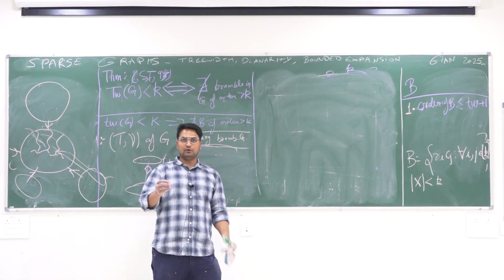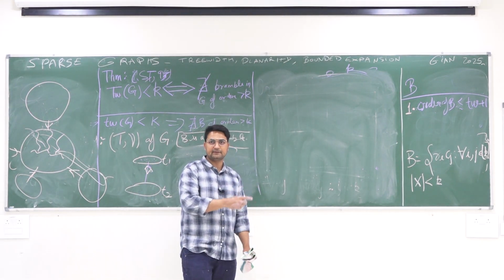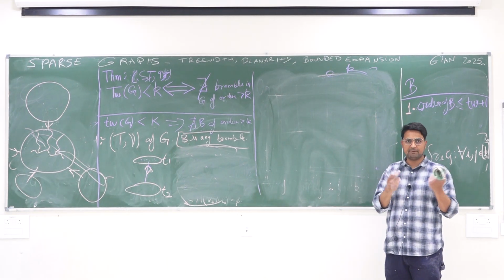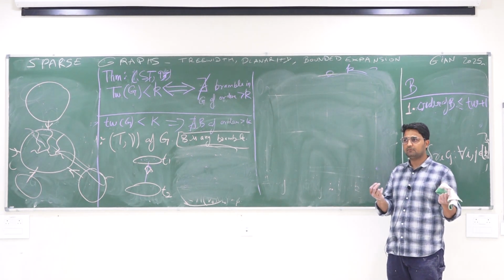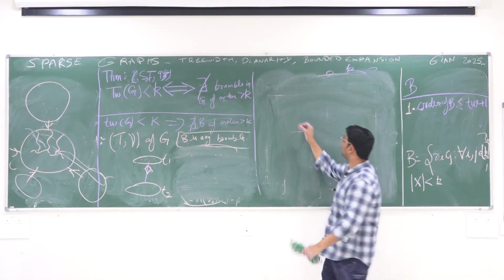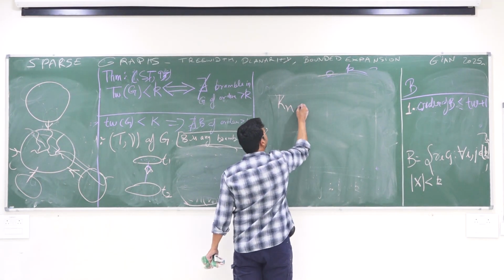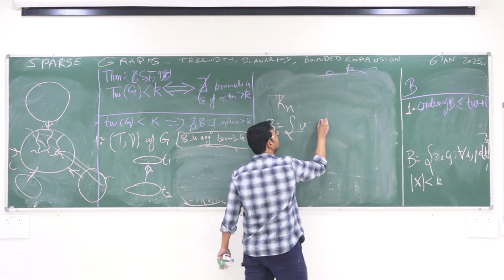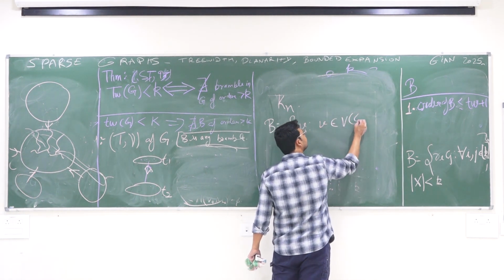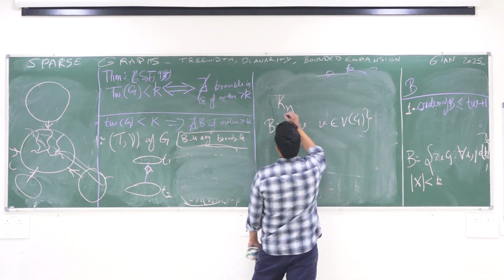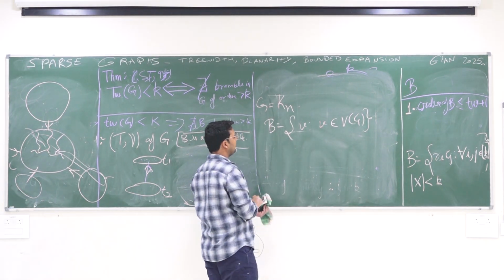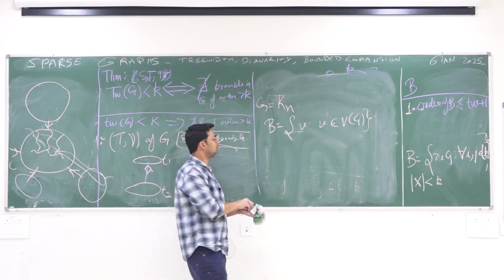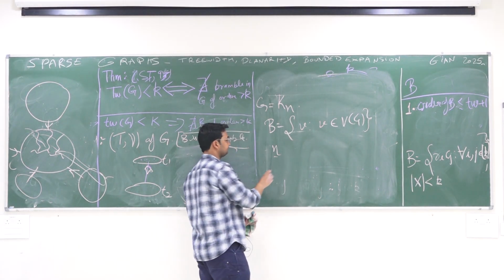So this, and also we saw in the beginning that if we have a complete graph on n vertices, we can have a Bramble of order n by putting every vertex in. So I have K_n, my Bramble is equal to every vertex v in V(G). And in this case, the order of my Bramble is n.